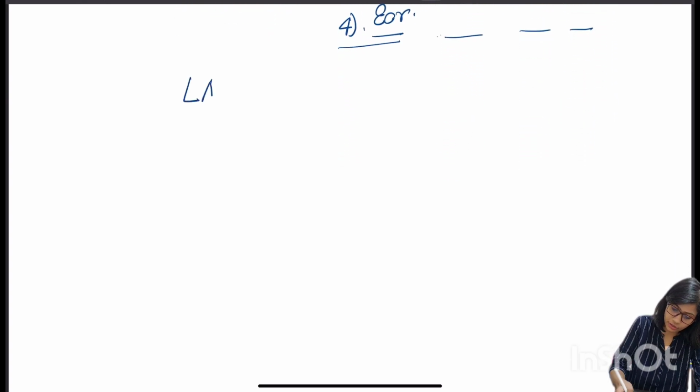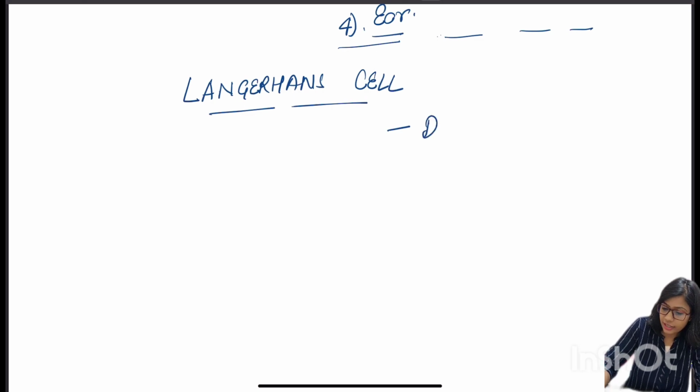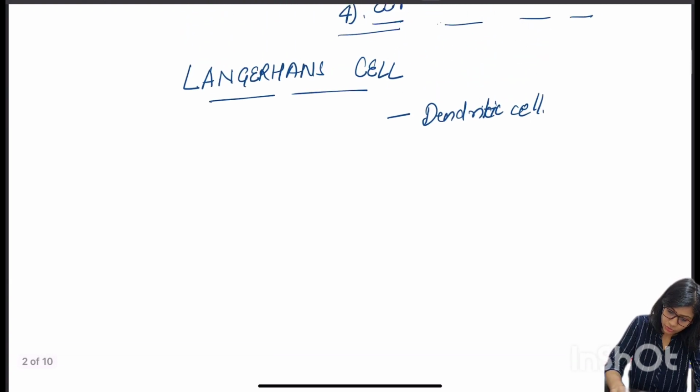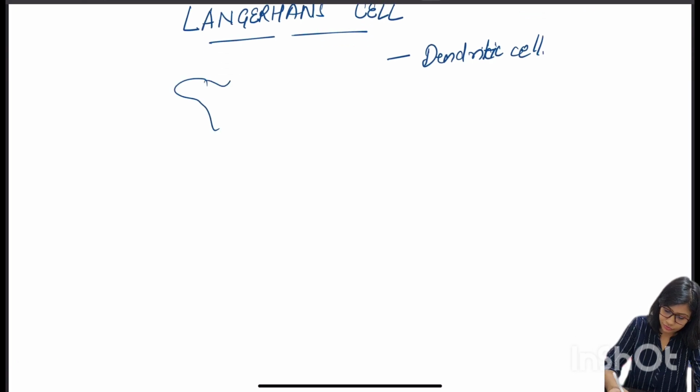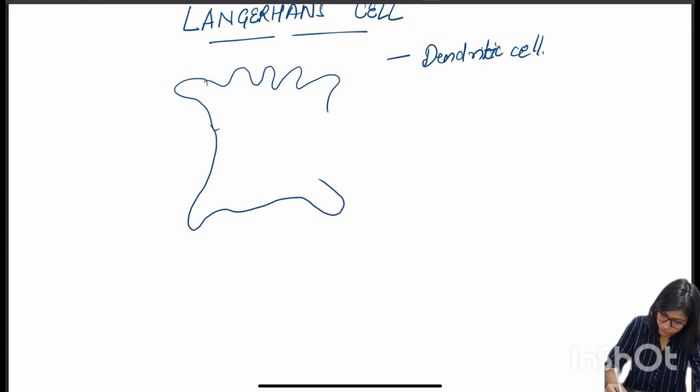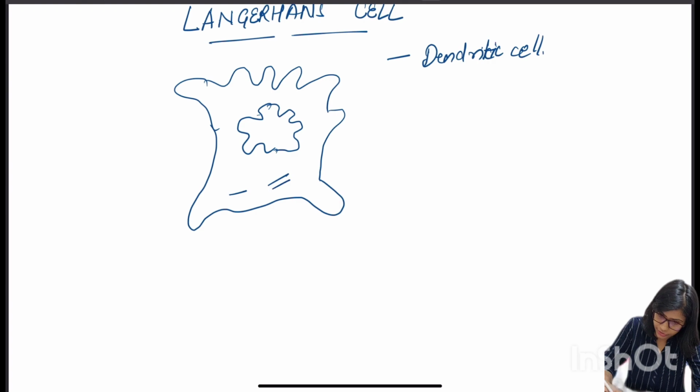Right? Okay. Now, starting with another important cell, that is Langerhans cell. It is another dendritic cell. So now, discussing the structure. This is a dendritic cell.